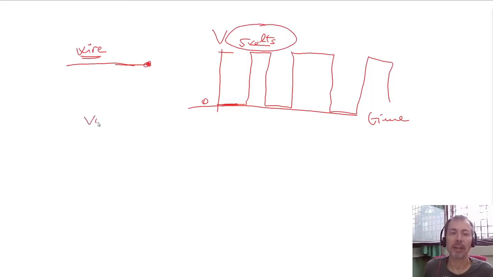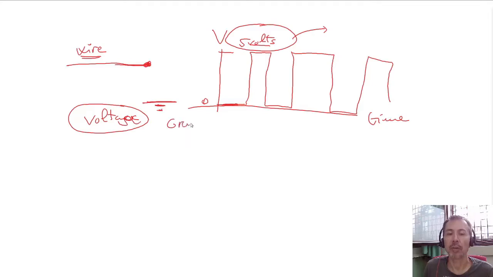Remember that there is no absolute voltage. You always measure the voltage between two points. So when we are talking about 5 volts, we mean between the wire and the ground voltage. This is the ground voltage, which is equivalent to 0 volts.